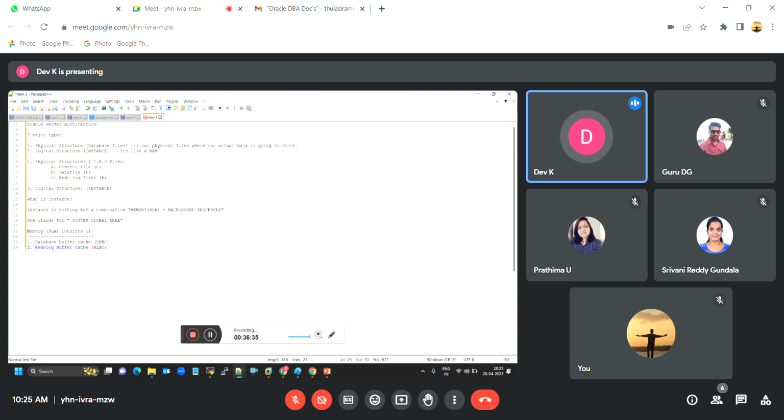RL means redo log, B means buffer, C means cache. The third is the shared pool, SP.